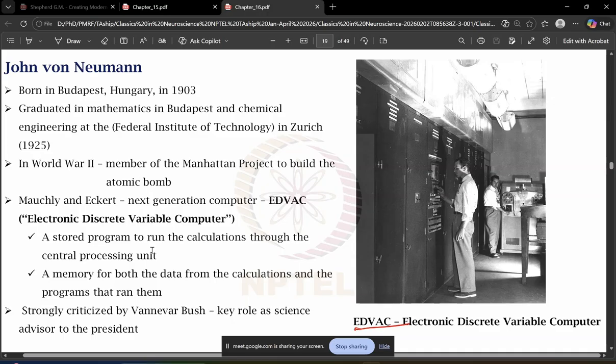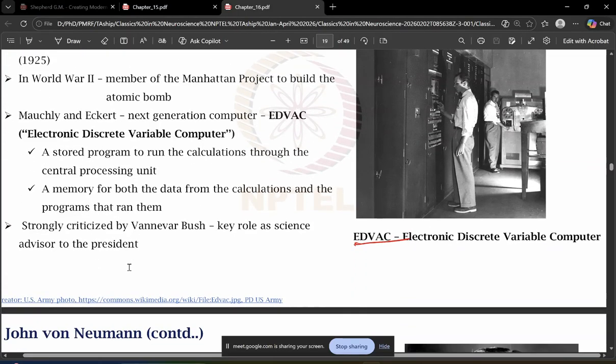The EDVAC computer contained a stored program to run the calculations through the CPU, and it also contained a memory for storing both the data from the calculations as well as the programs that ran these calculations.